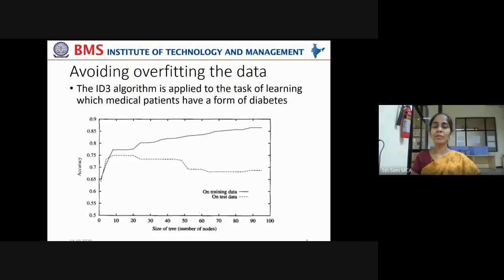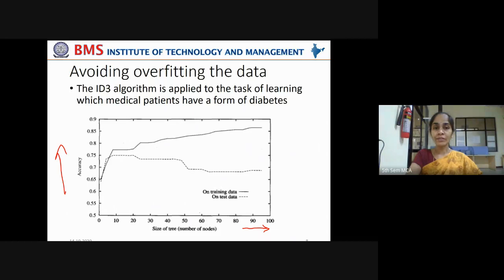Now see this, it is figuratively represented. The ID3 algorithm is applied, say, to the task of learning which medical patients have a form of diabetes. So it is trying to make some prediction about diabetes patients. In this case, listen carefully. The x-axis represents the number of nodes in the tree, and the y-axis represents the accuracy.